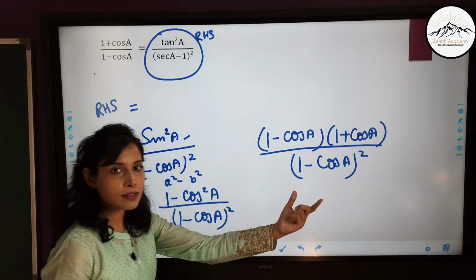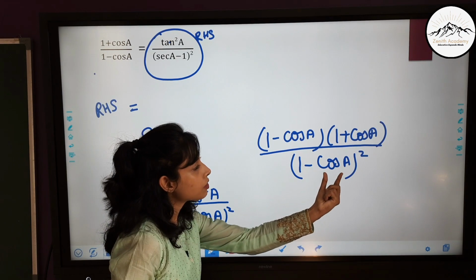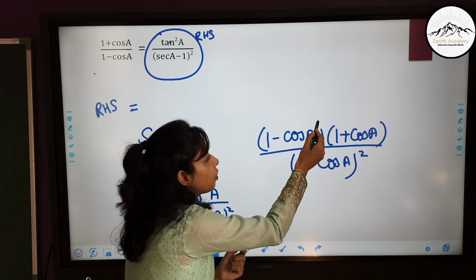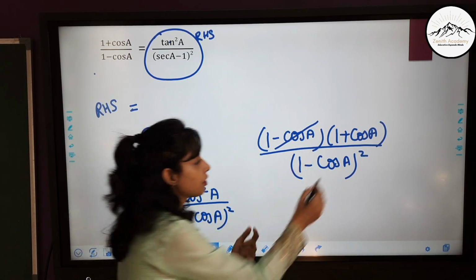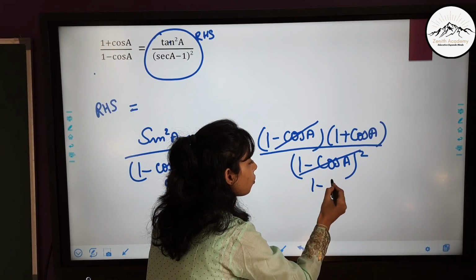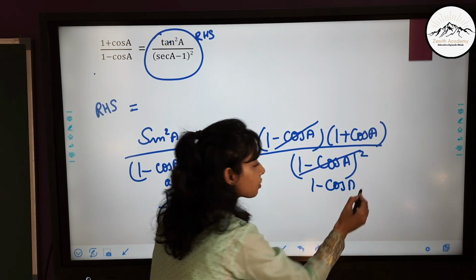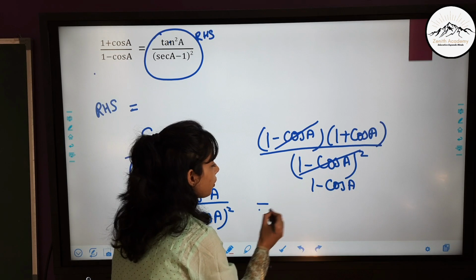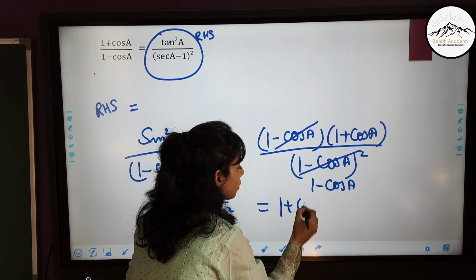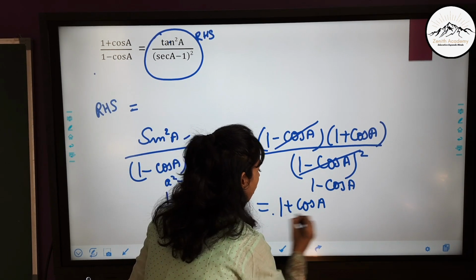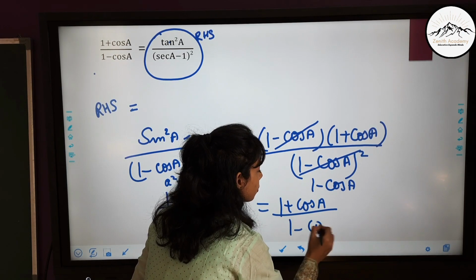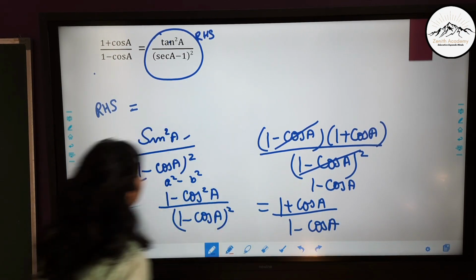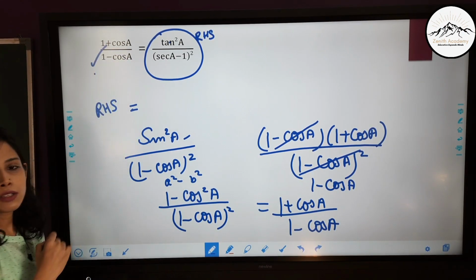Now it is very easy. If we cut this, what will be remaining? 1 minus cos A only. So now we have got the answer: 1 plus cos A upon 1 minus cos A. This is what our LHS is.